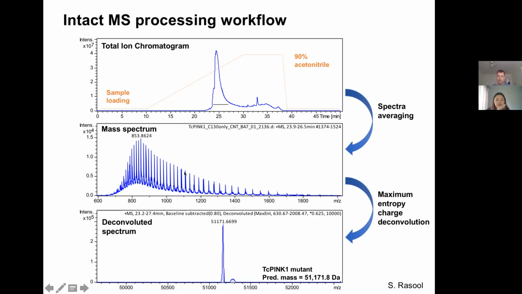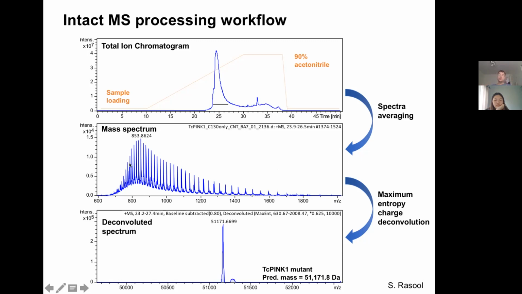It's just a little bit compressed. These are all of these multiply charged peaks that the protein has adopted. From this, we can do a deconvolution in the software to back calculate the mass of the intact protein from all of its charged species.